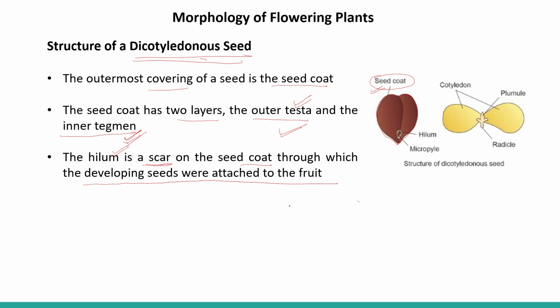In the part where I have drawn the ovule, the ovule is present inside the ovary and attached to the fruit, and this ovule later transformed into the seed. The attachment point where it is attached to the fruit is called the hilum.